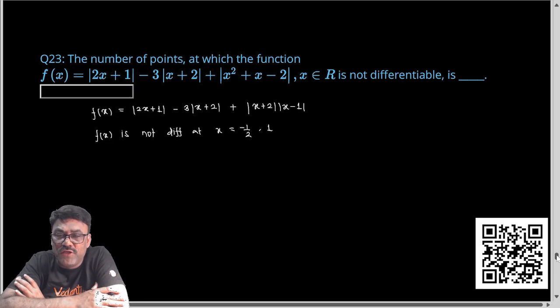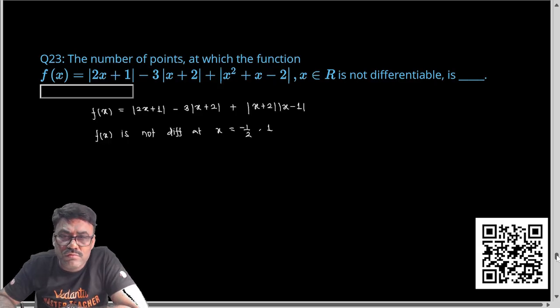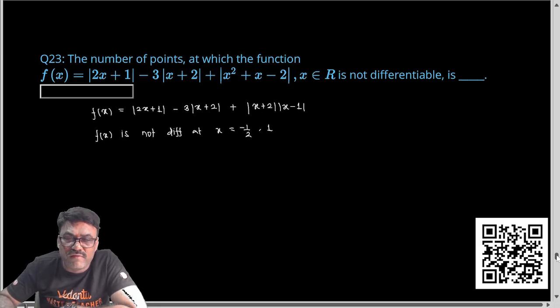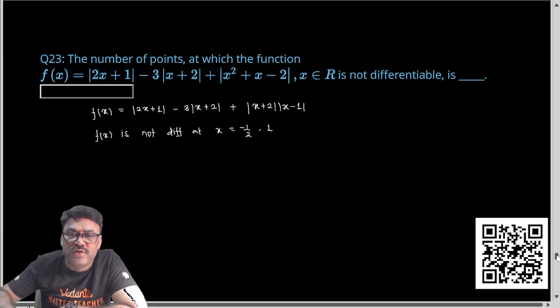Now what about minus 2? At minus 2, two functions are not differentiable here, the middle one and the last one. So at minus 2, I'm not sure whether it is differentiable or not. So basically what I will do, I will check its differentiability at minus 2. I will take x less than minus 2 and x greater than minus 2, slightly less than minus 2 or slightly greater than minus 2.